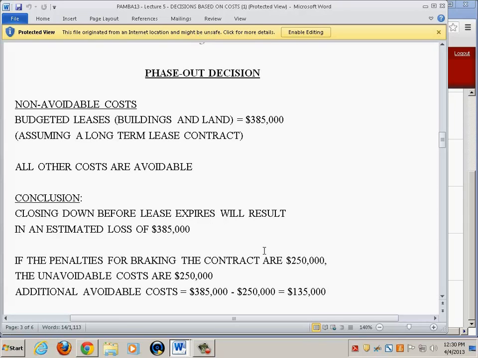The unavoidable costs. So you shouldn't include the $385,000. If you don't include the $385,000 and you solve for the profit maximization, you'll find out that you'll be making money.